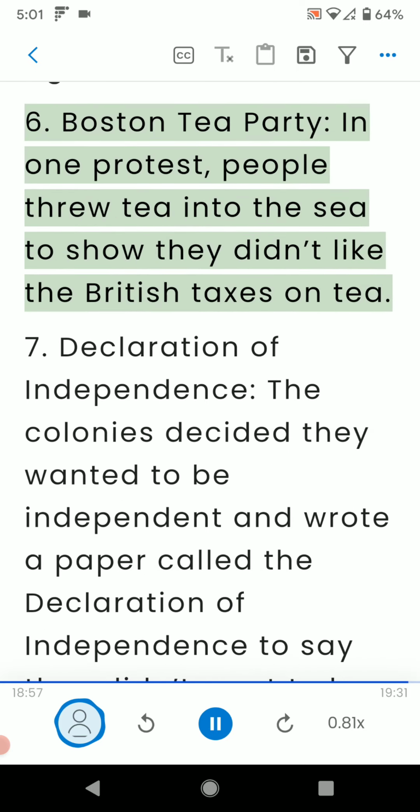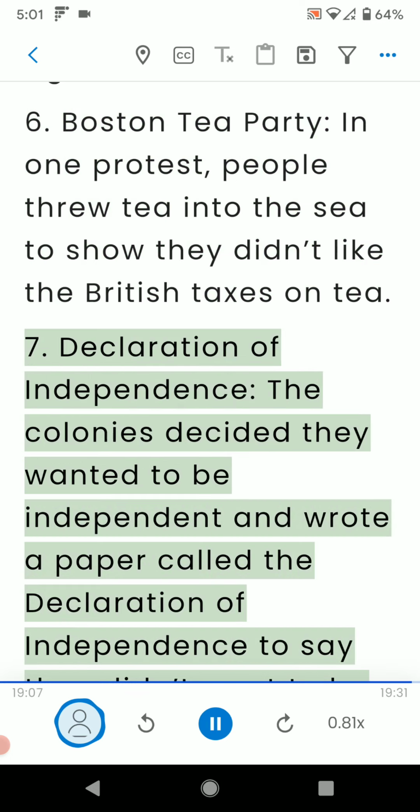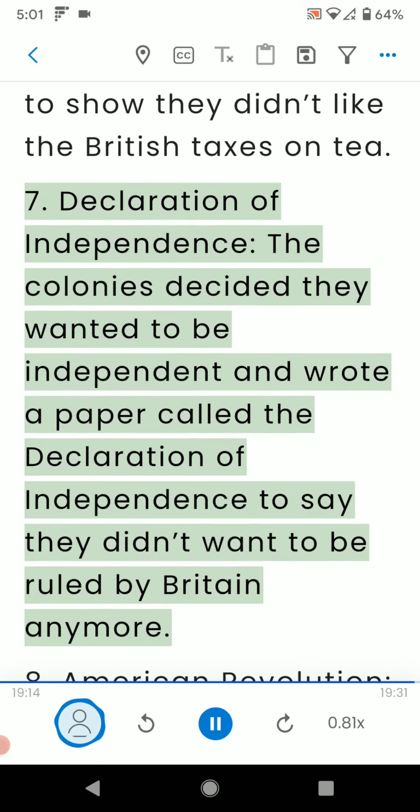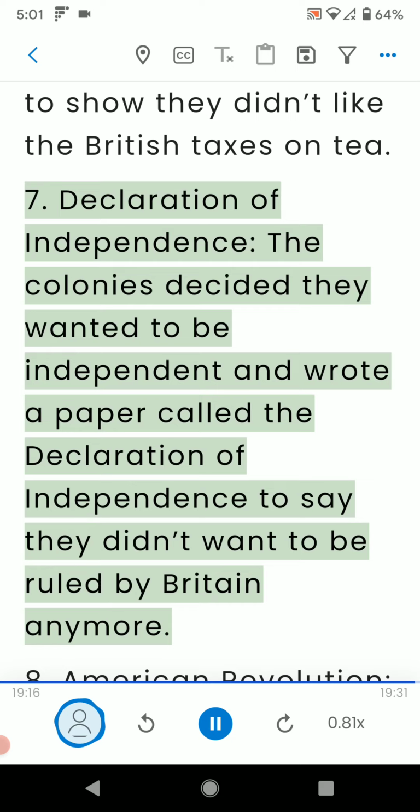Boston Tea Party. In one protest, people threw tea into the sea to show they didn't like the British taxes on tea. 7. Declaration of Independence. The colonies decided they wanted to be independent and wrote a paper called the Declaration of Independence to say they didn't want to be ruled by Britain anymore.